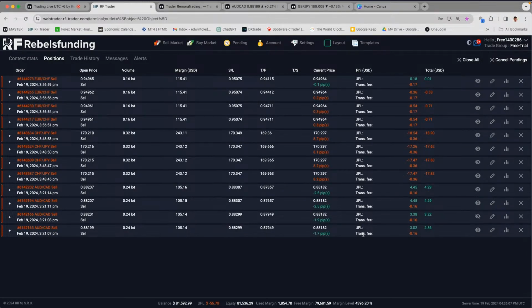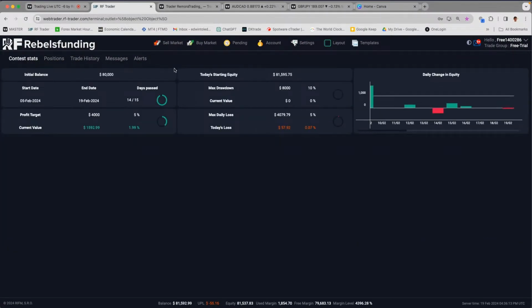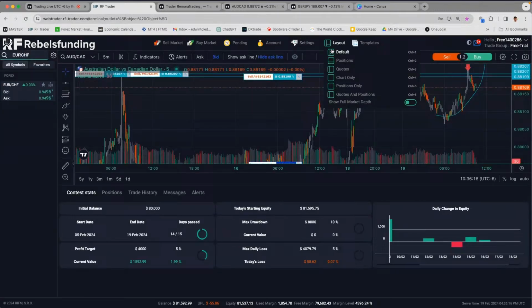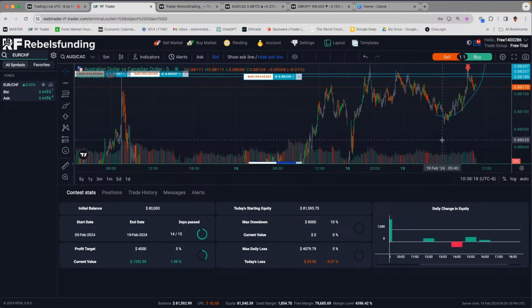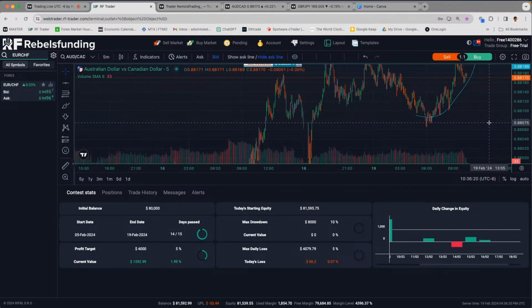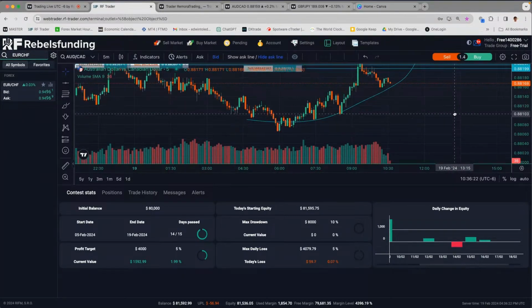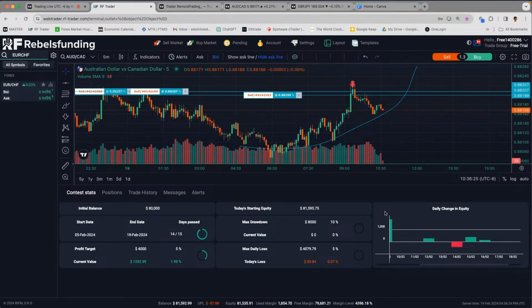And then there is the Rebels Funding platform. Beautiful, uses TradingView, which is the most used platform for charting. Everything clicks; everything you need to know is right here. So I'm sticking with Rebels Funding.